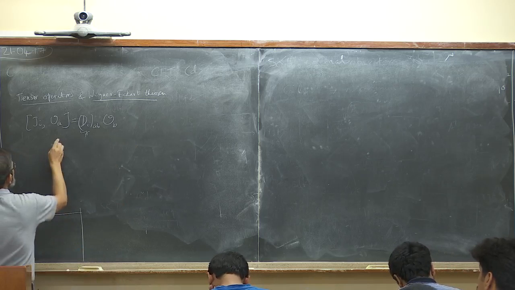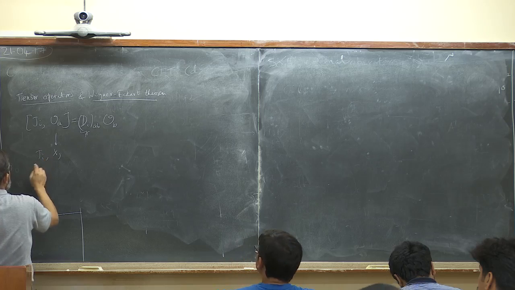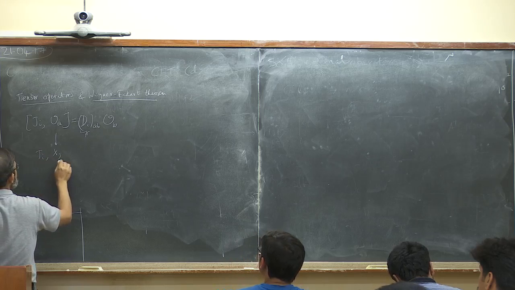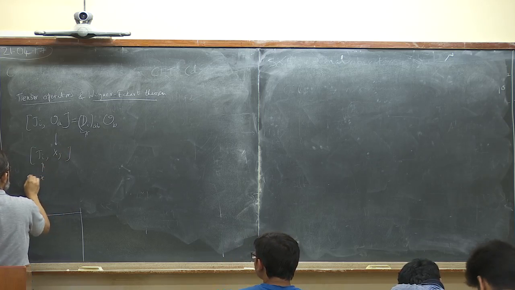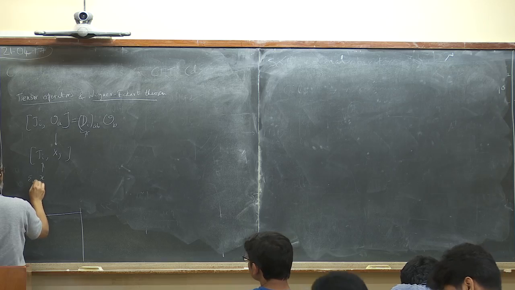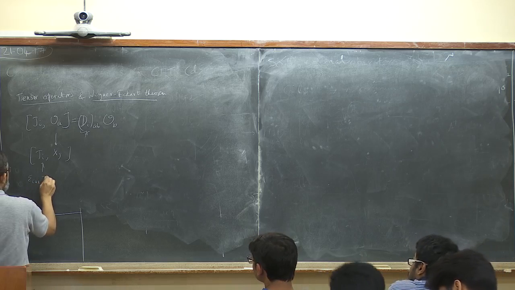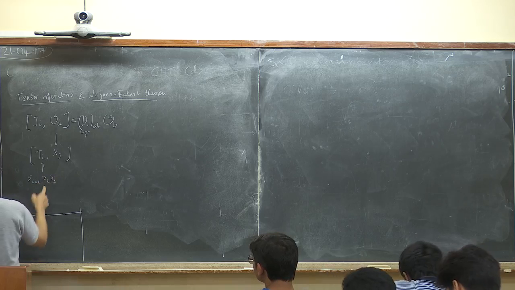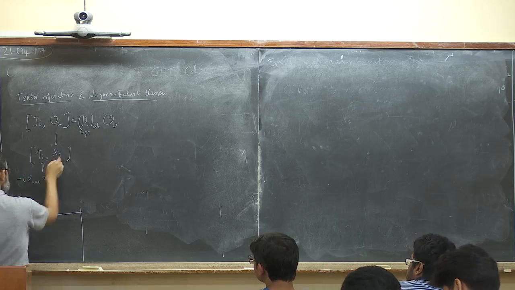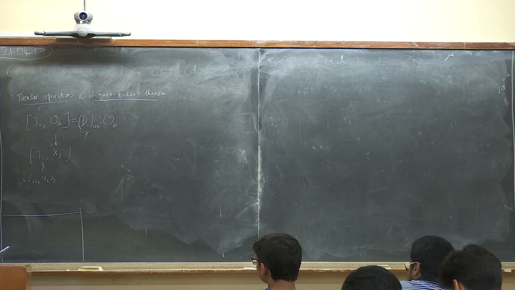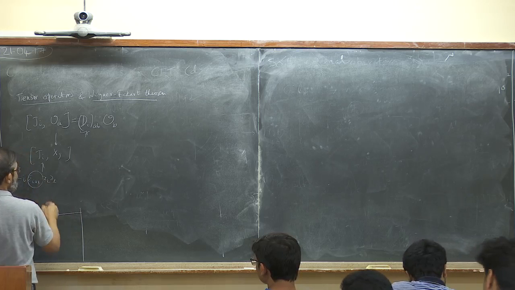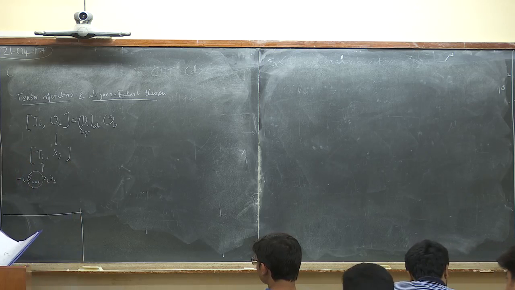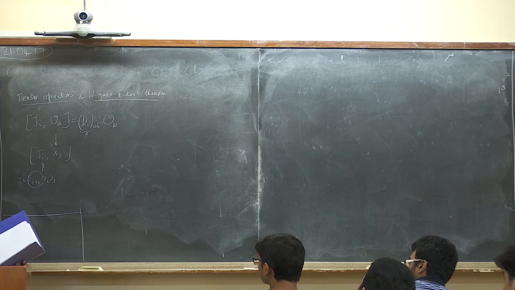If you put in some x_j here, then clearly this has some x_k times epsilon_ikl. Acting on this, you will find these epsilon_ikl's appearing on this side, and the epsilon_ikl's are just the structure constants of SU(2).